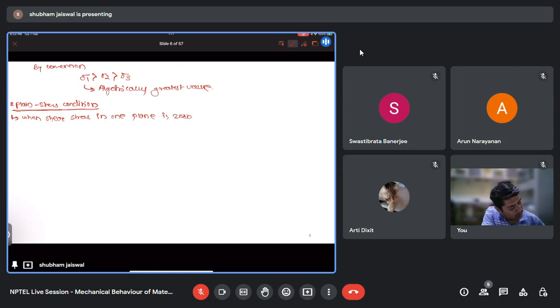So let's consider a very thin element like this. Okay, and if I apply a load in this direction, and if I take the element out, you can say that here only the normal stress is acting, no shear stress is acting on this.